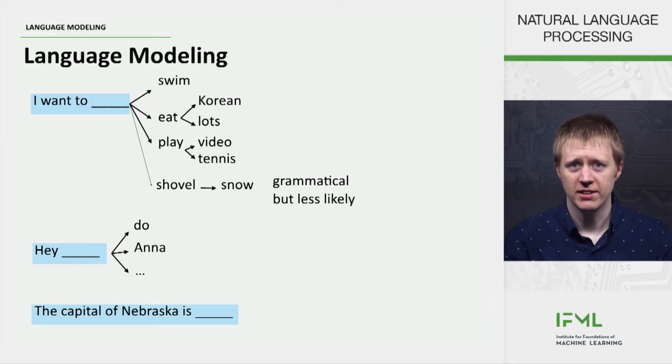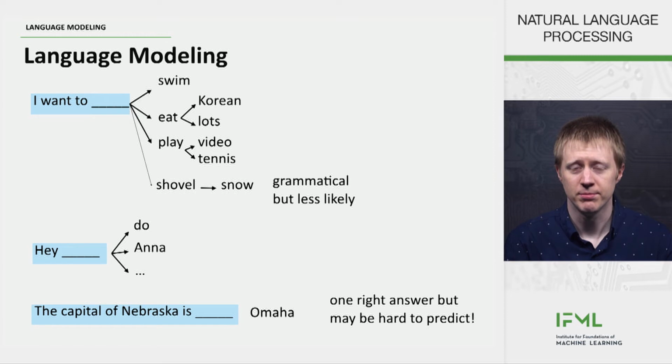So this is a good test of how well you know your US geography and US state capitals. The correct answer here is Omaha. And so we don't really want to suggest other options, right? I mean, someone might say a different answer that's wrong, but in general, if we see the sentence "the capital of Nebraska is," probably the next word that we want to predict is Omaha.